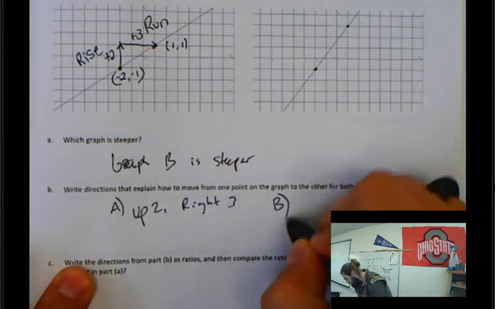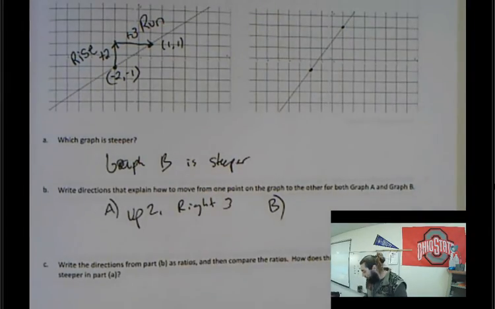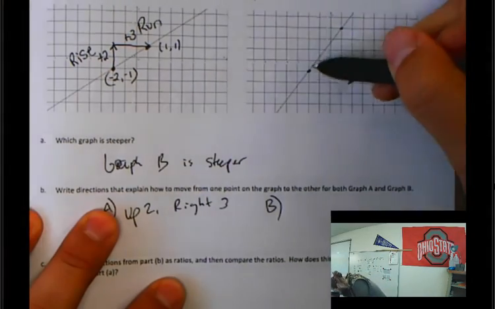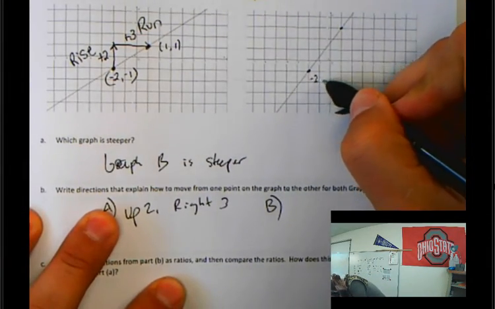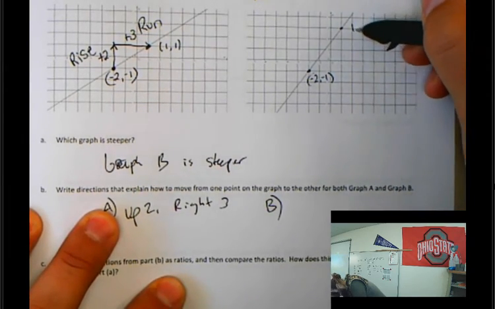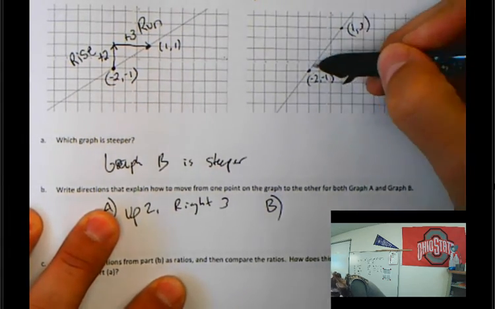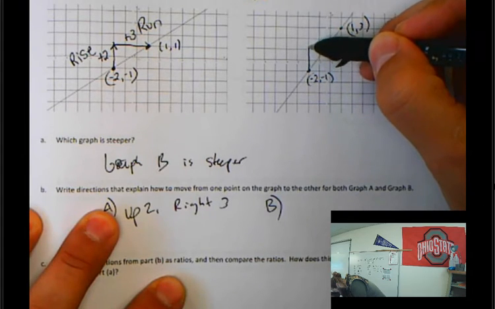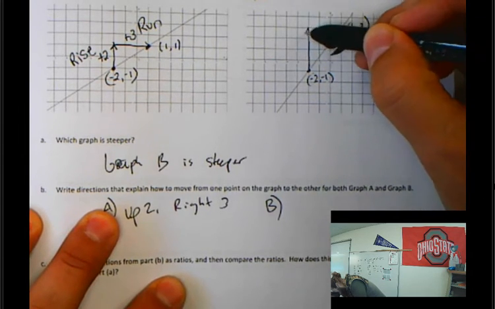For graph B, very similar. We do the exact same thing. So we go from here, which is at negative 2, negative 1, and we go all the way up here to 1, 3. So we have to look how we go: 1, 2, 3, 4.